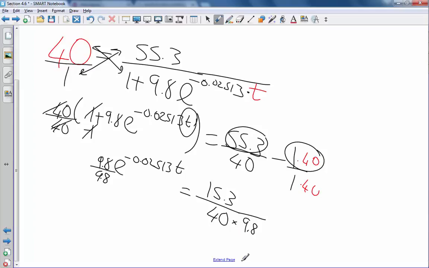And finally, we will take ln of both sides. You are now on the doorstep of this tower. You need to kill this base e, and that can only be done by taking ln, on both sides.